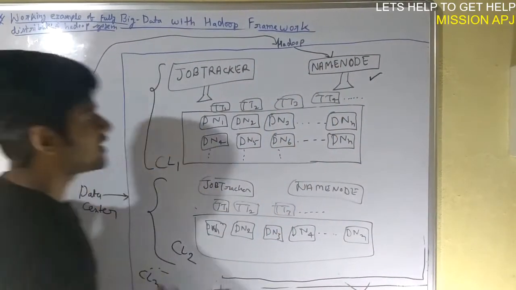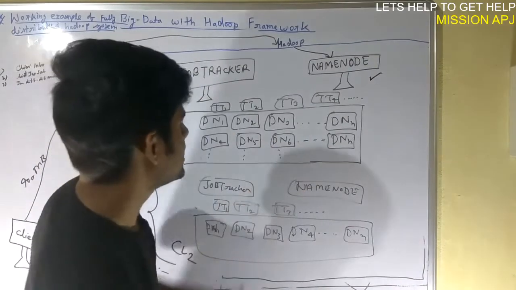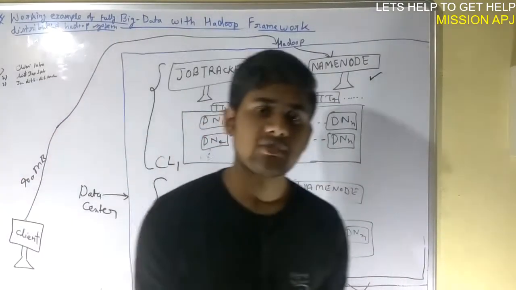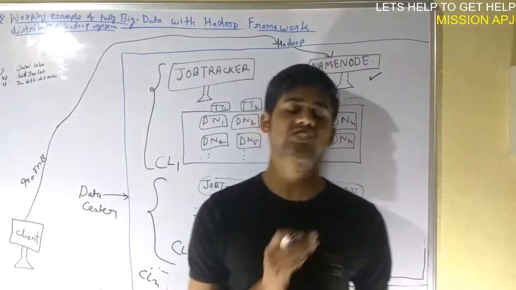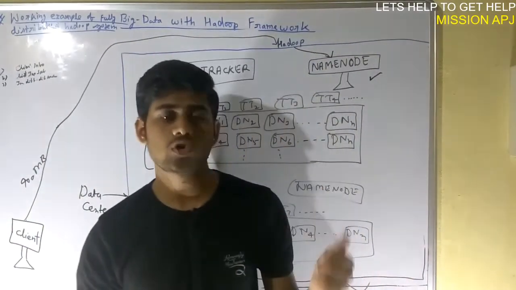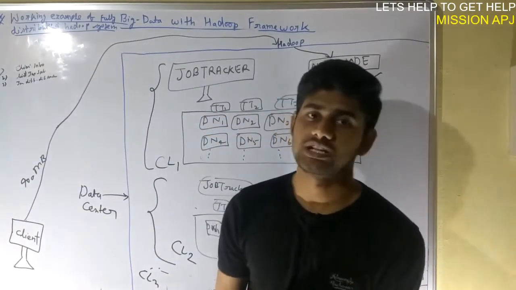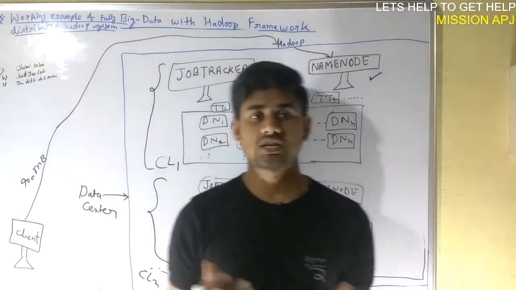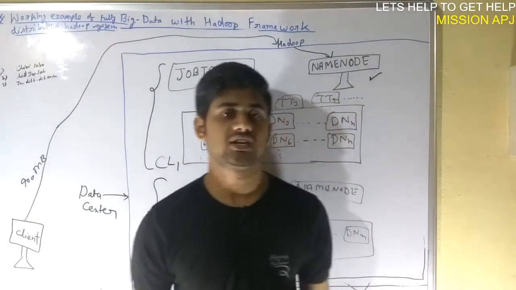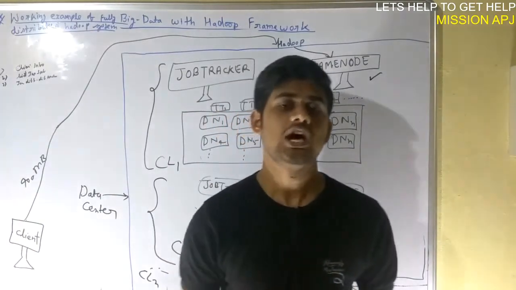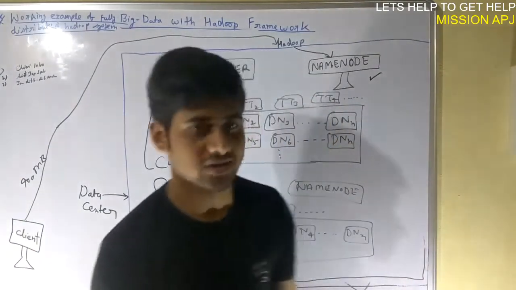Now the name node will split the 400 MB data. I am taking as an example that each block of the data nodes is 64 MB, not 128 MB. It's the system admin who can decide whether block size will be 64 or 128 MB, as we have discussed earlier. So I'm taking 64 MB as a block size.